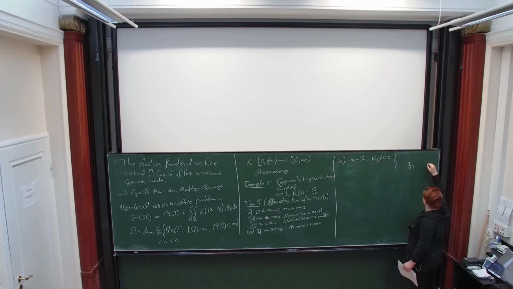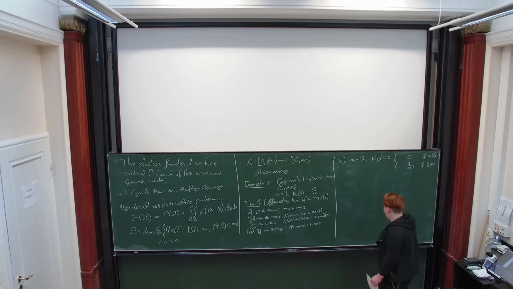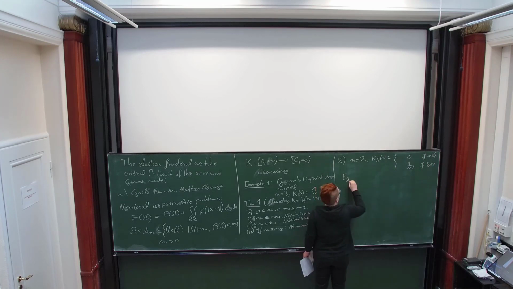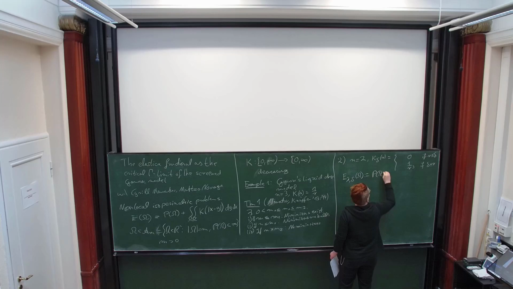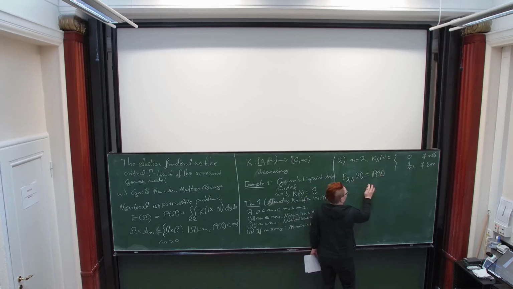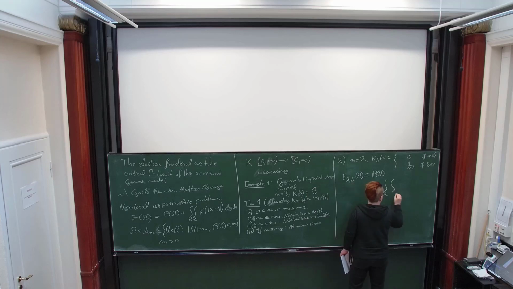That would be dipolar repulsion, but the integrals would diverge if I just chose this. So I need to regularize, and I'm just doing a small scale cutoff. If r is less than some delta, I just set it to 0. I cut out the singularity. And then the energy I look at depends on 2 parameters, lambda and delta. One is, of course, the perimeter. And then I'm subtracting the integral over Ω complement.